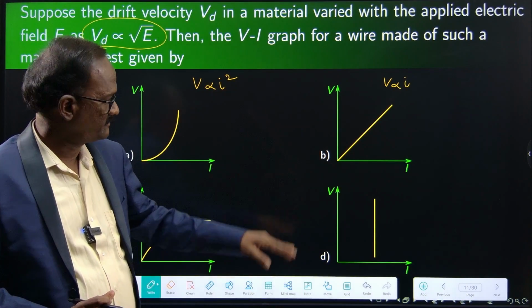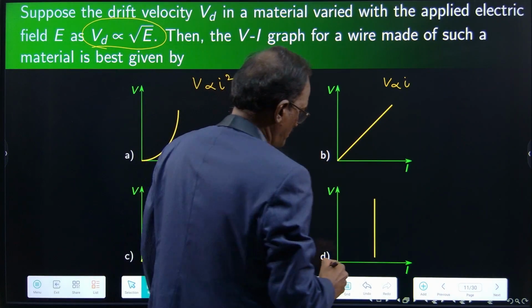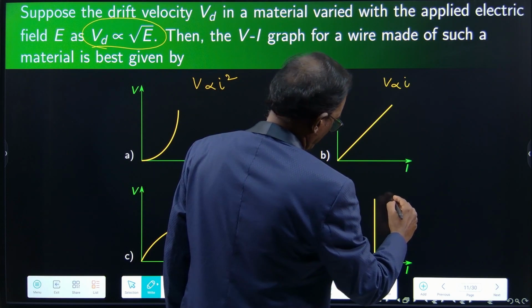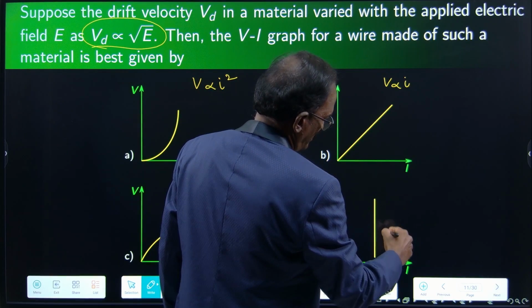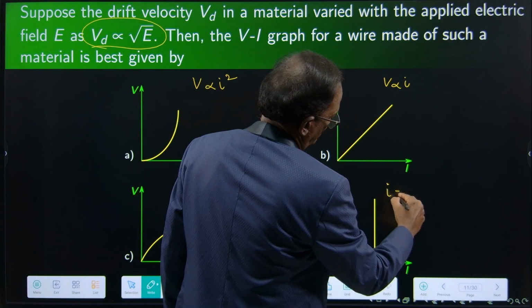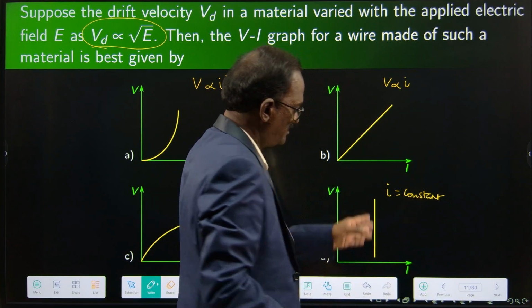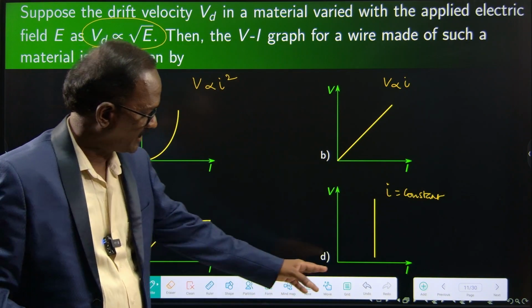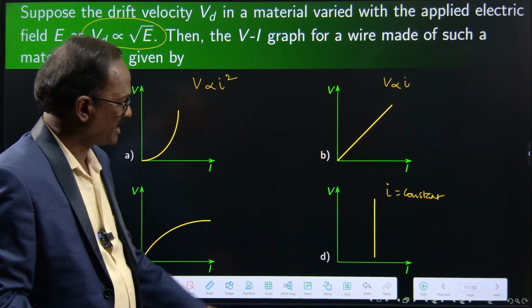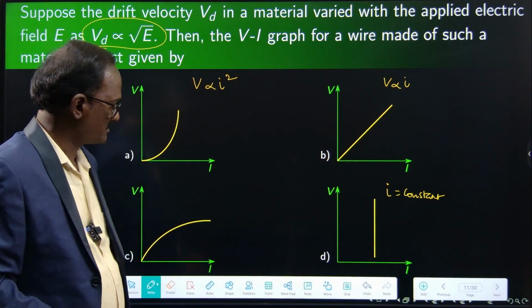This is V is constant. V varying, I is constant. This line goes vertically, so I is constant irrespective of changes in V.